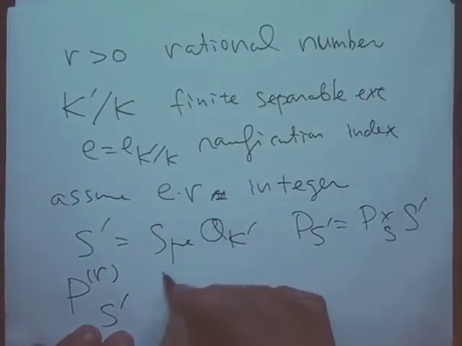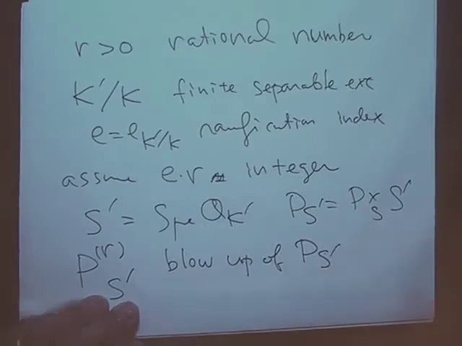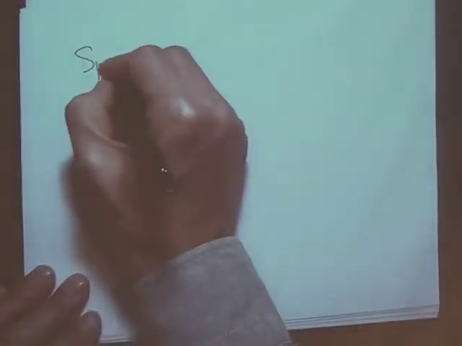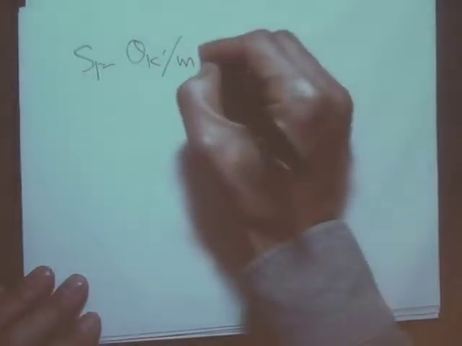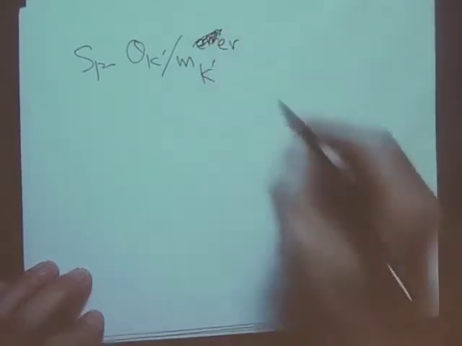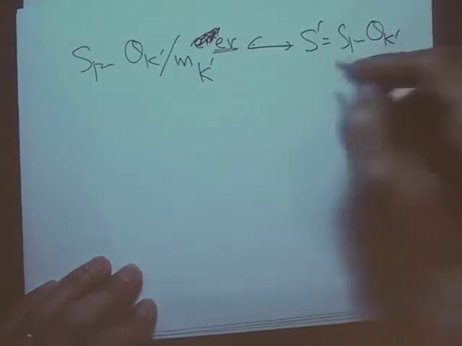So this is the blow up of P_S prime at Spec of O_K prime divided by the power of this maximal ideal, to the e to the r. This is already made integer. So this is a subscheme of S prime, and we can embed this into P_S prime.